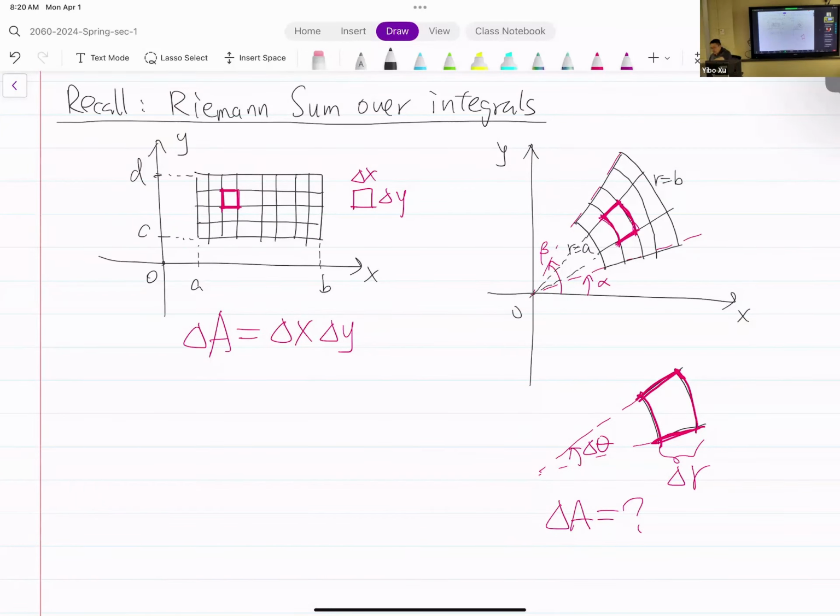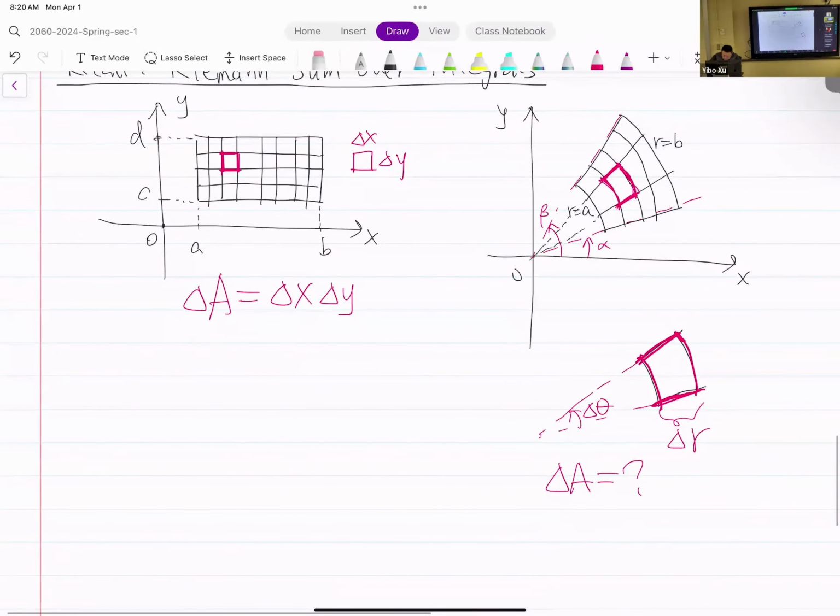That area has to relate to the radius, the actual radius. This region has a fixed width. Delta r is the width, so it's the same everywhere if you draw these rays out starting from the origin. That's a fixed width.